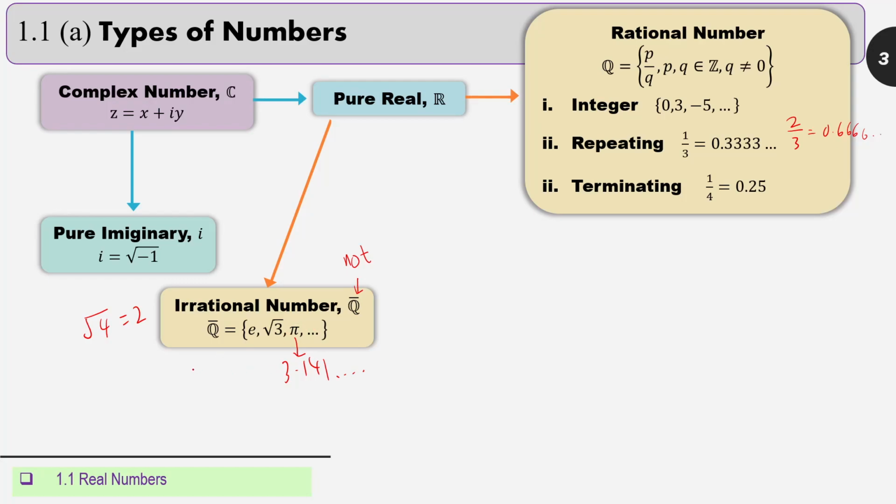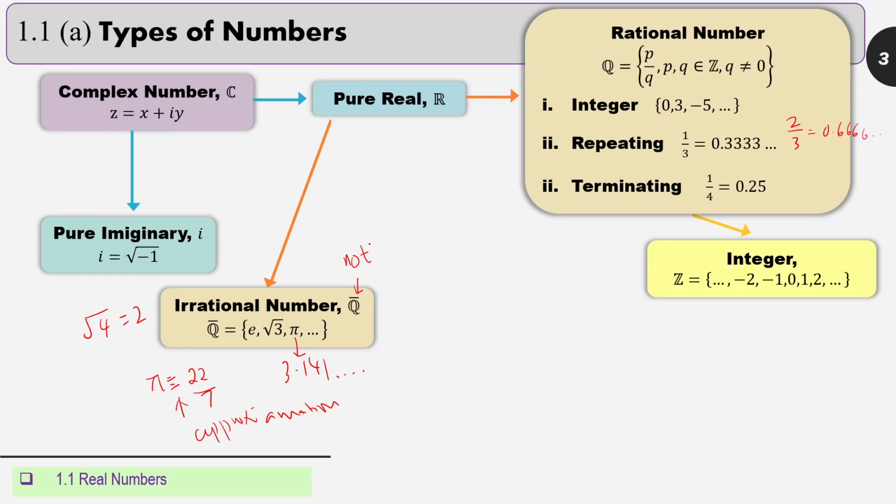Your teacher will tell you that we always approximate pi as 22 over 7. Although you write it as an equal, actually this is an approximation. Pi has the value 3.14, and the digits after that are non-repeating, so that's why it falls into irrational numbers.